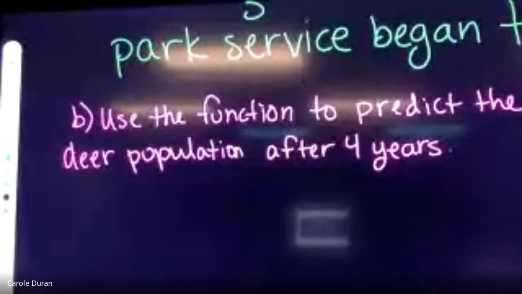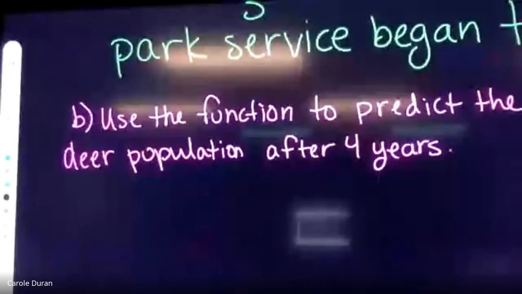So this says to use the function to predict the deer population after 4 years. So who thinks they have an idea of how we're gonna do that? Multiply by 4. No, definitely not multiply it by 4. Plug 4 in for t, because I'm asking what's the population after 4 years. That's exactly what we're gonna do.